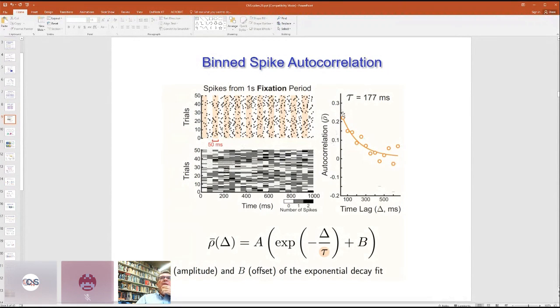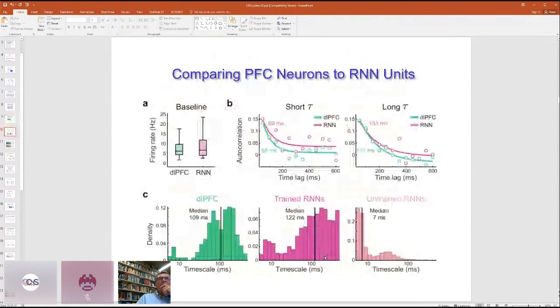And you can see that the time constant for the decay, and averaging, of course, autocorrelation over the entire 1 second range here. But you can see that for these spikes it falls off after about 170 milliseconds with the exponential decay.